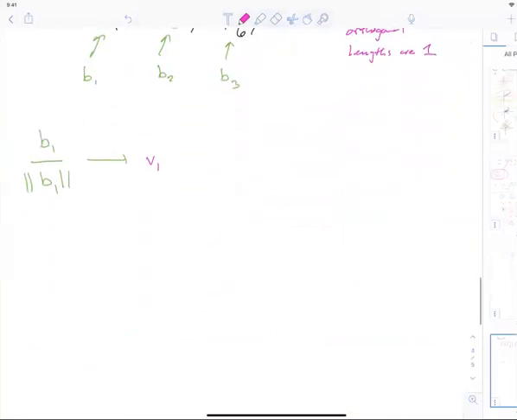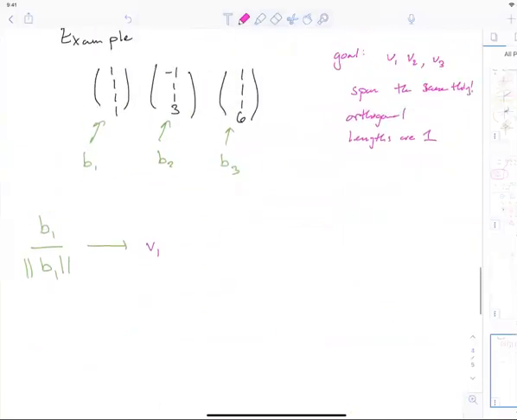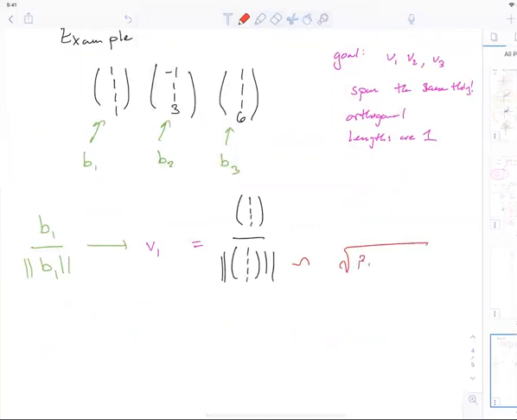So we're going to do that right here. To get V1, all we're going to do is take 1, 1, 1, 1 and divide it by its norm. This norm on the bottom is just the square root of 1 squared plus 1 squared plus 1 squared plus 1 squared.